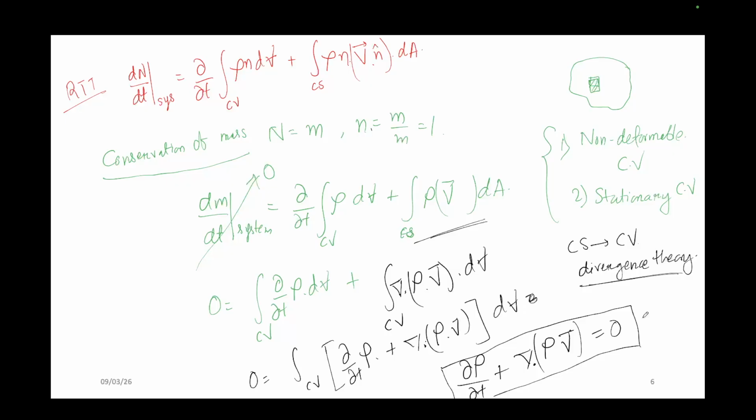So this conversion, in the black line, from this to this, whatever conversion I have done, is based on divergence theory, which states that if you convert this dA, which is area, meaning control surface, into control volume, then there should be a divergence.